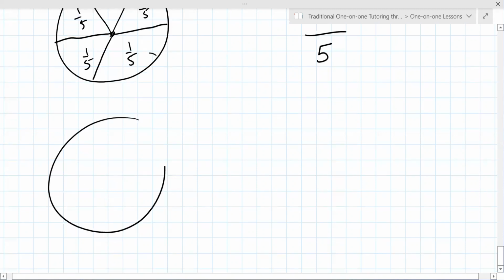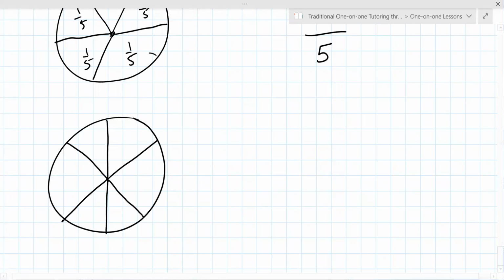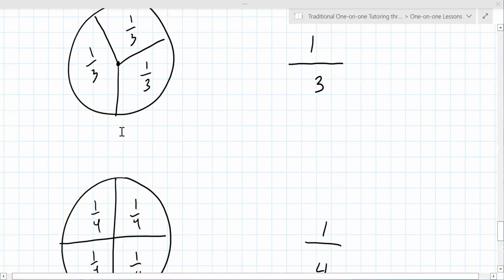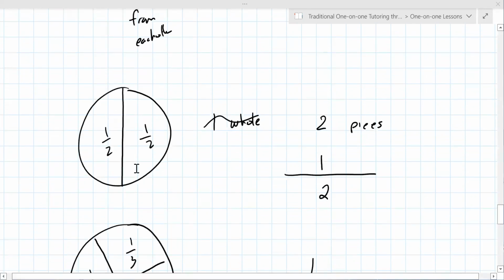So here's one for you to try. What fraction goes in each of those slices? The number, how much it is. Okay, well, I'm asking you for an answer. Do you want us to go back and look at a previous problem here? So there were 2 slices here, so we wrote 1/2 in each of them.